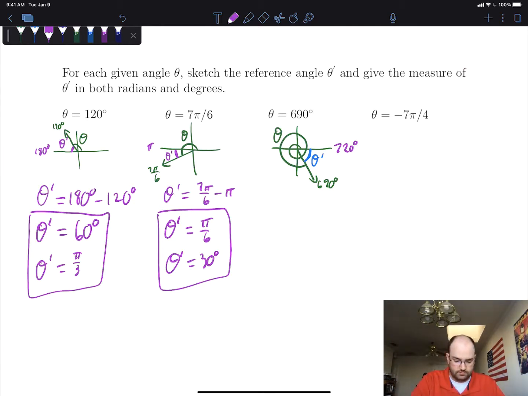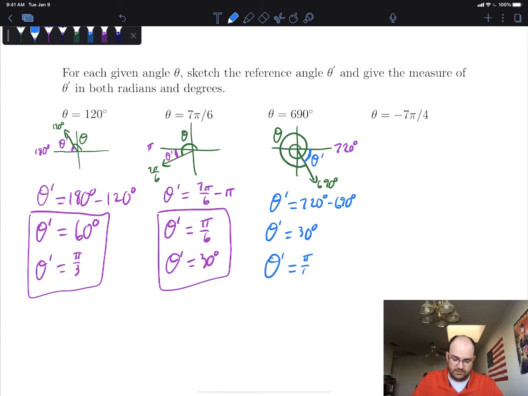So that means that theta prime will be this 720 minus 690. So theta prime will be 30 degrees. And in radians, that is pi over 6. Good.